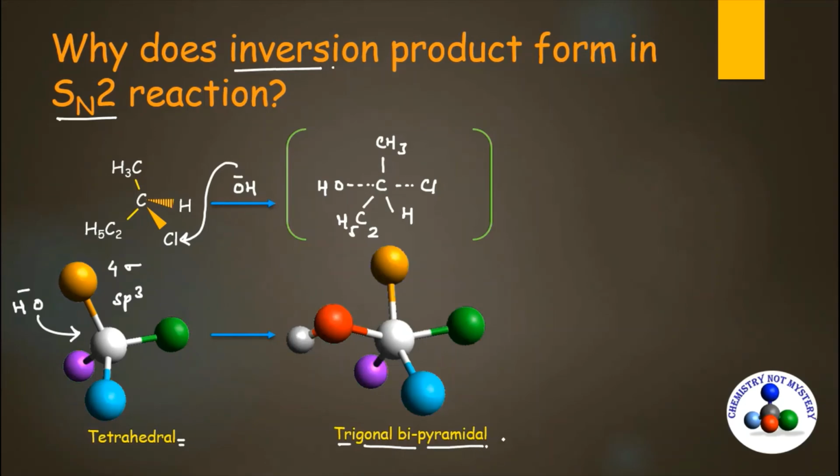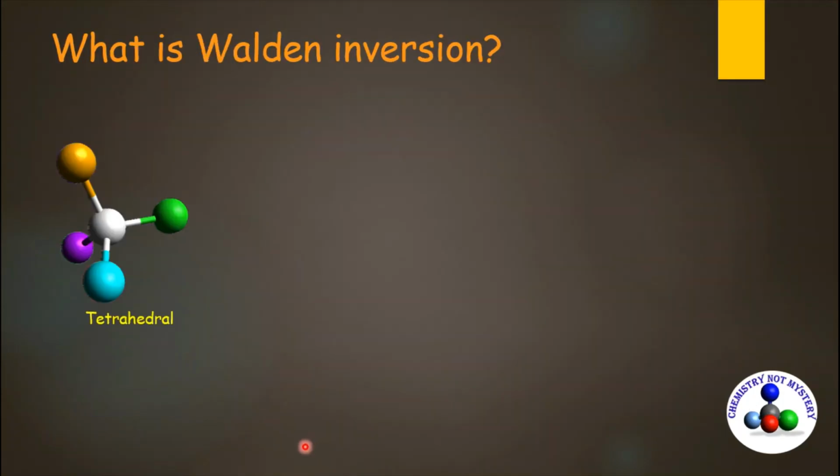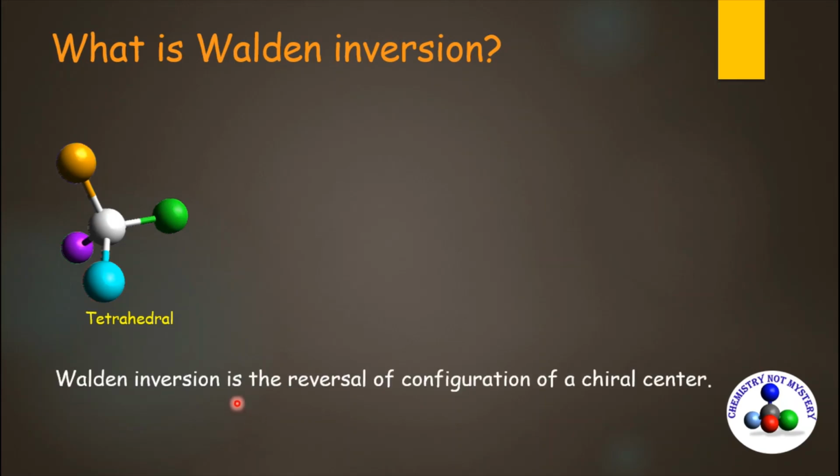After the breaking of carbon and Cl bond and forming of carbon and OH bond, you will get your product in this way. So you can observe here, you will get inversion product as a result of SN2 reaction. This inversion of product or the reversal of configuration of a chiral center is nothing but the Walden inversion.